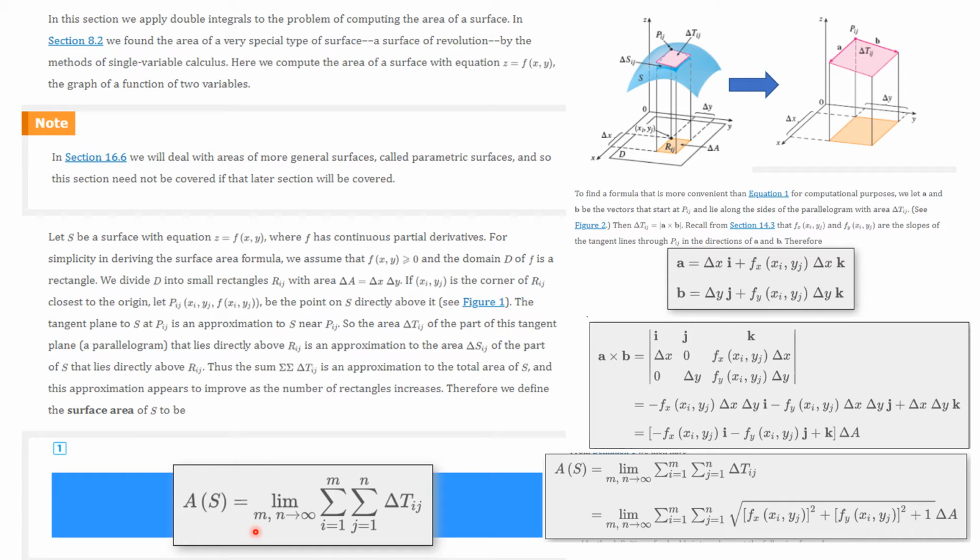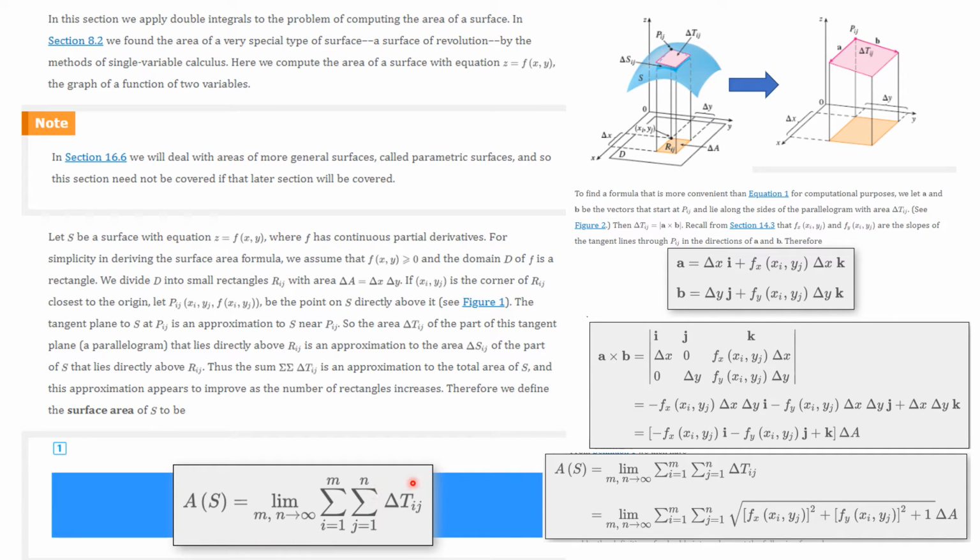So if we add these all up, we get an approximation to the total area of S, and the approximation improves as the number of rectangles increases. Therefore, the surface area can be this Riemann sum. Now, the limit is as m and n both go to infinity.